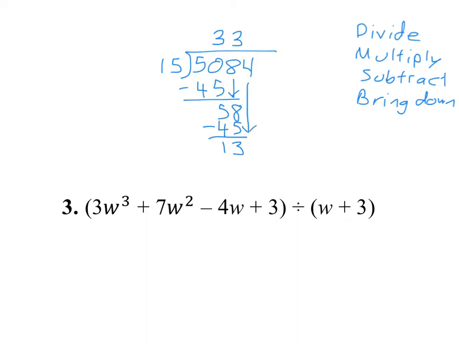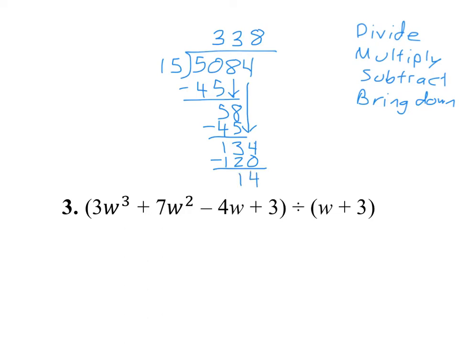Divide, multiply, subtract, and bring down. 15 goes into 134 almost 9 times, so 8 times. 8 times 15 is 120. Subtract again, and you get 14 this time.